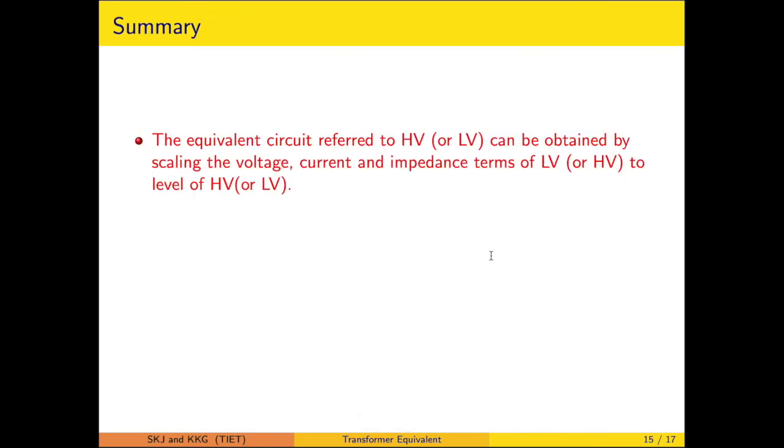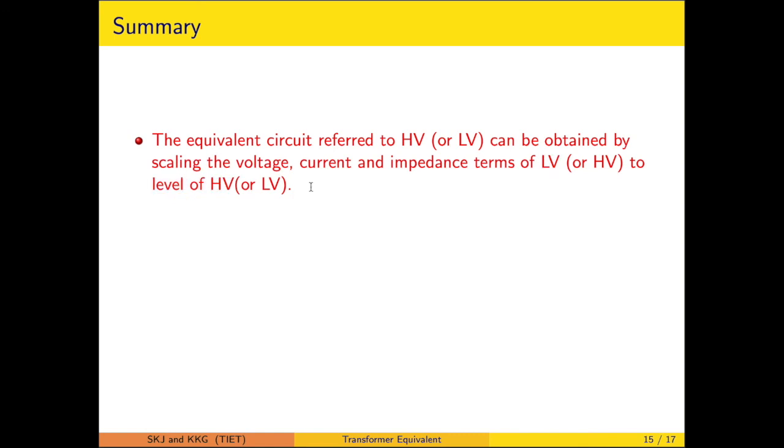Now as a summary, we can obtain the equivalent circuit referred to one side, high voltage or low voltage, by scaling the voltage, currents and impedance terms of the other side, low voltage or high voltage, to the level of the previously considered winding.